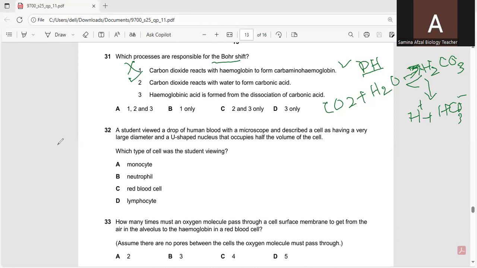The hydrogen ion then binds to hemoglobin. So it will bind with hemoglobin and form hemoglobinic acid.